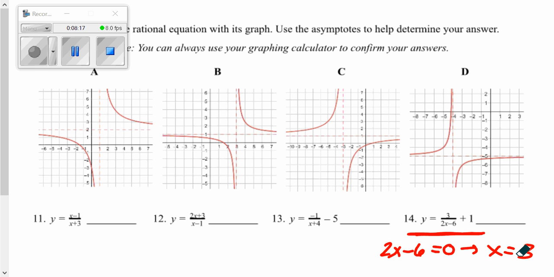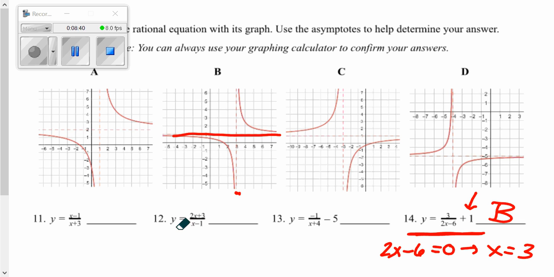So that graph can't have any graph at 3. And so that makes it this one, right? Because there's a break in the x values at 3. And then to double check that, this +1 would mean scooching up 1 or sliding up 1. And it looks like that happened because look at this horizontal asymptote at 1. So this one's B.